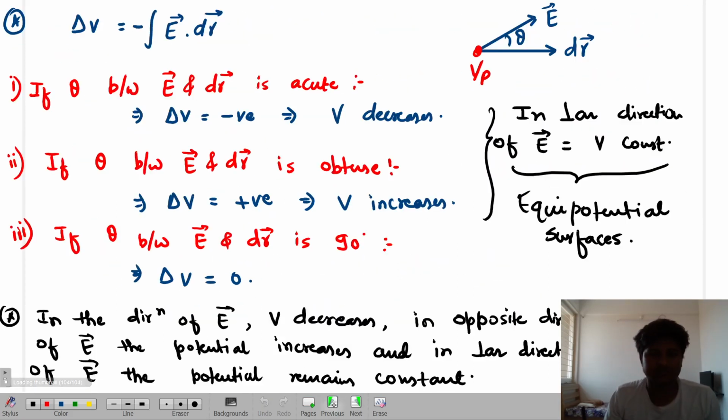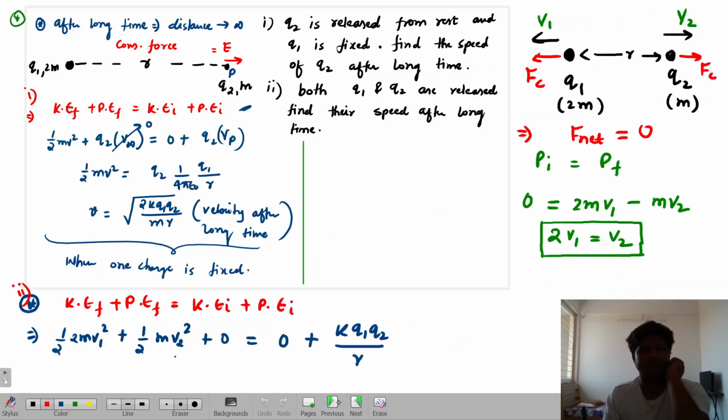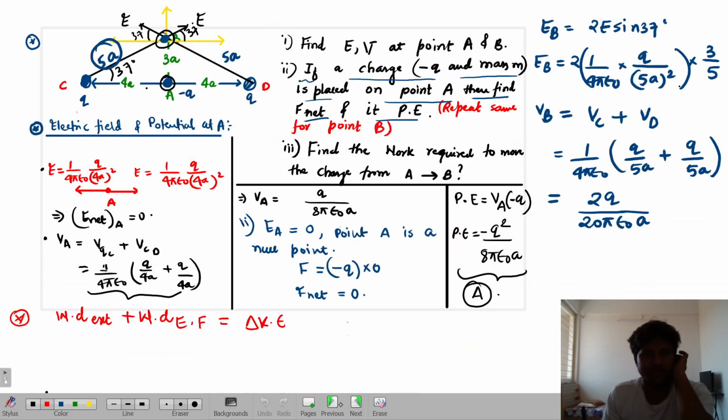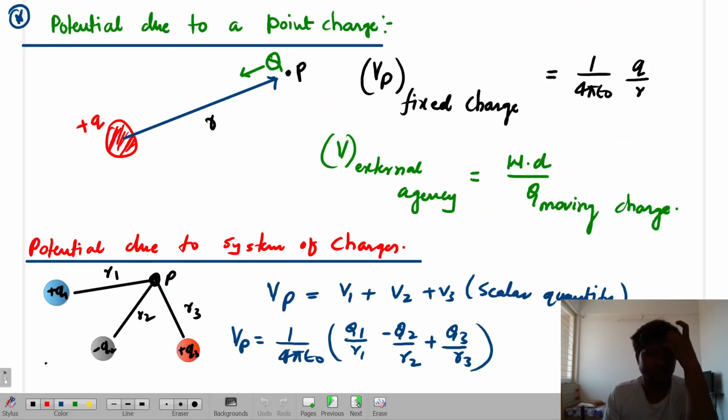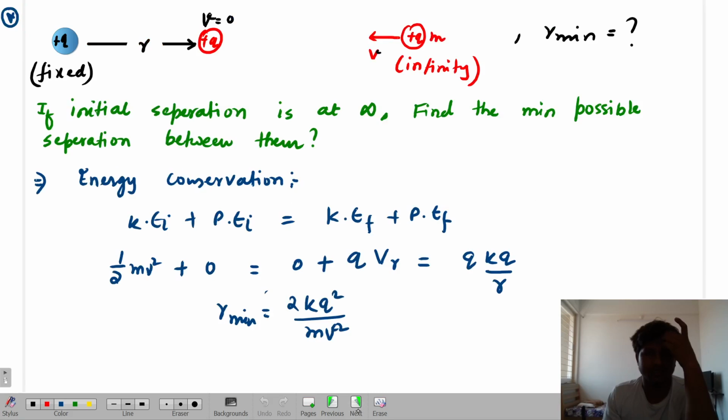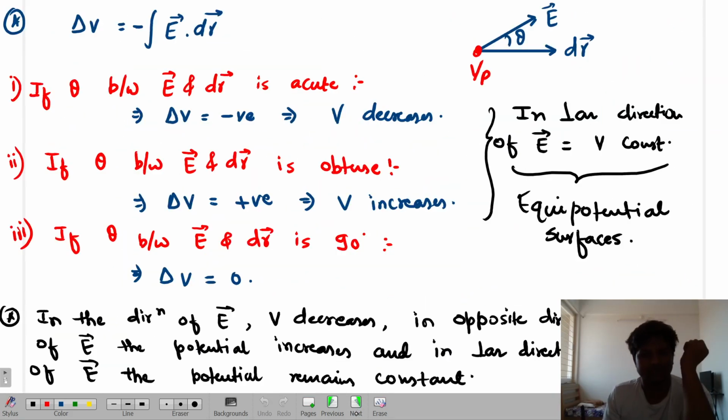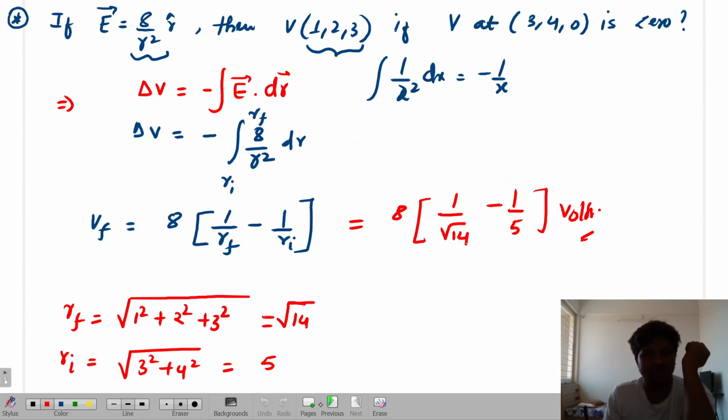Last topic of today. We have done all the relations of electric field, work, potential, everything. We related everything over here. There are four quantities in the whole electrostatics which confuse everyone, and we related that whole thing today.